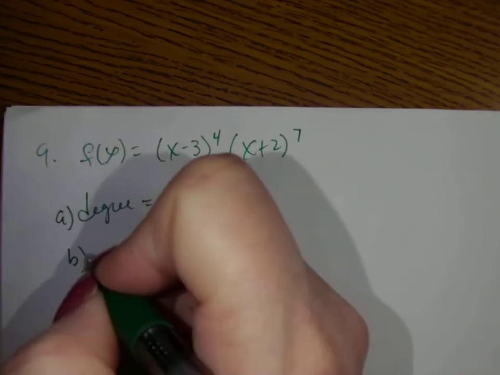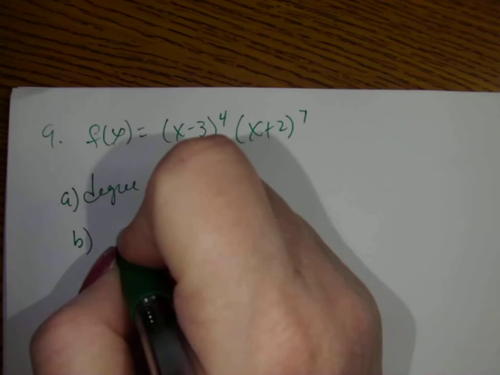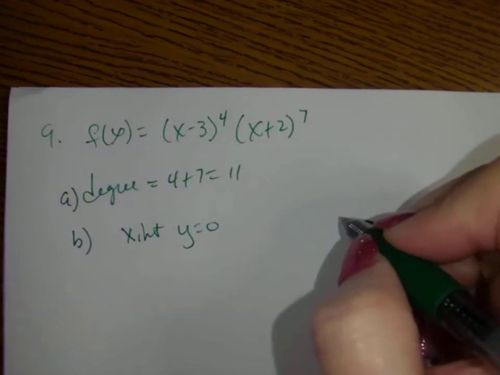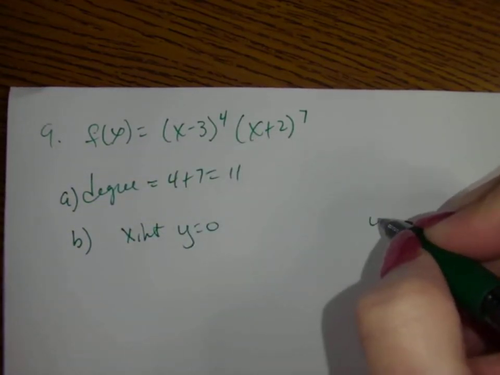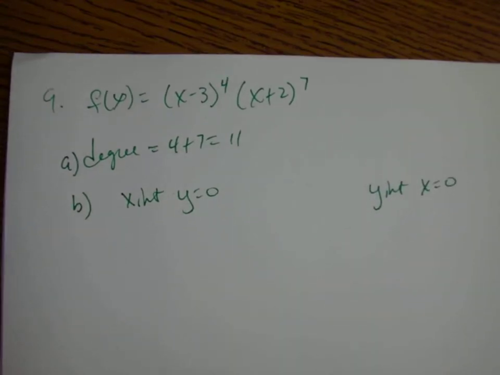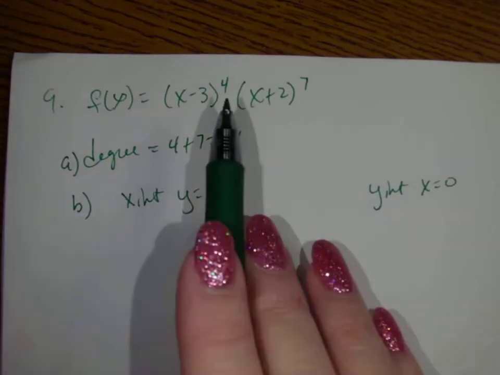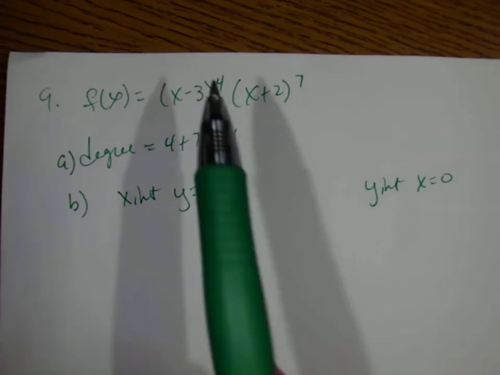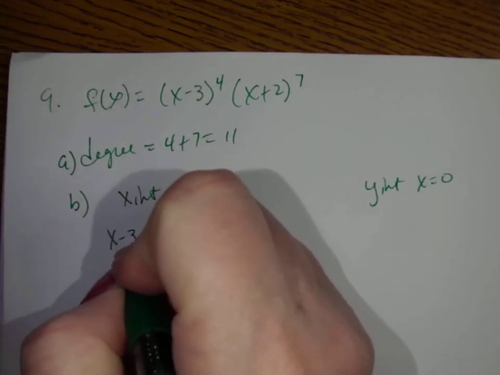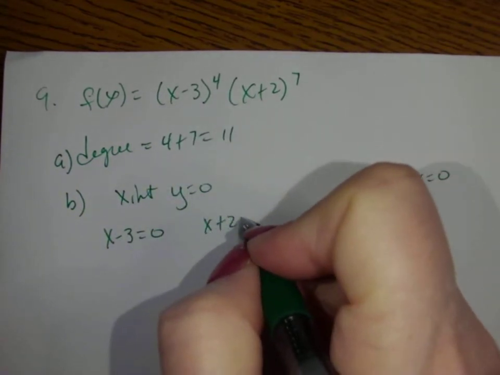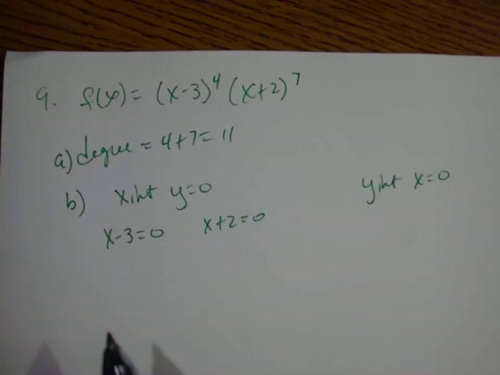And then part B is to find the x-intercepts. And for the x-intercepts, we set y equal to 0. And then we'll also find the y-intercept where x equals 0. So on these, because it's already factored out, we can just pull x minus 3 equal to 0, the parenthesis parts, and x plus 2 equal to 0.